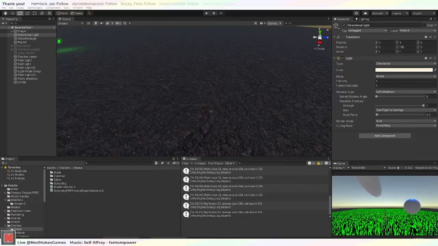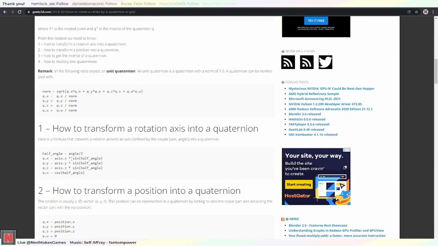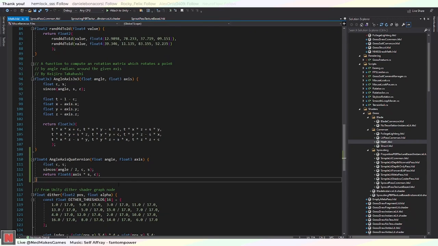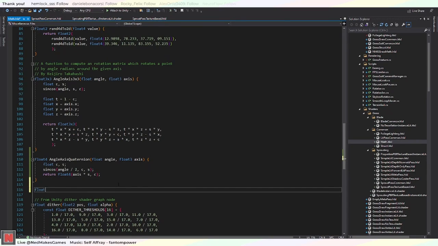Right? Yeah, okay. And so now we need to rotate by quaternion.